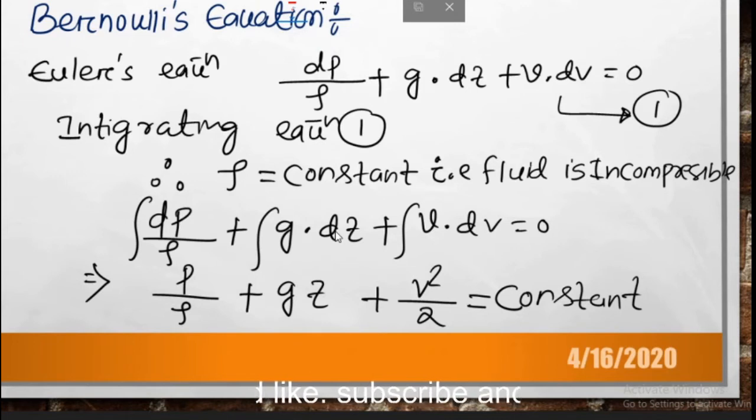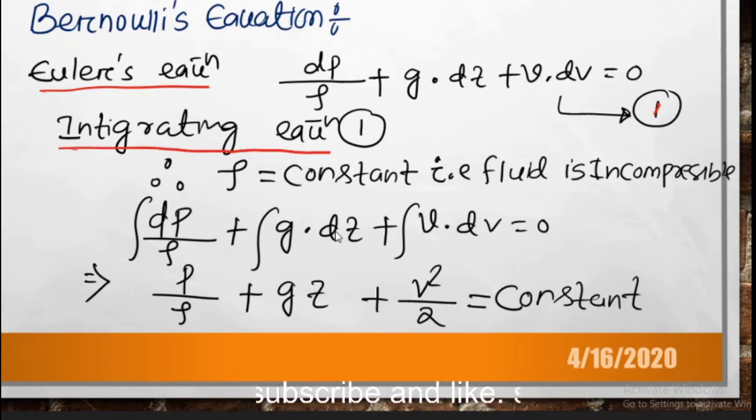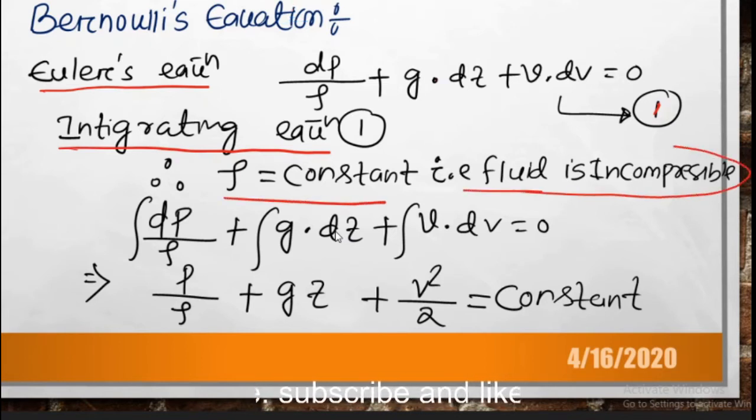Now if you see the next, the Bernoulli equation. If you write down the Euler equation, that is dp by rho plus g dz plus v dv equal to 0. This is my Euler equation. Before doing integration, one thing you have to see: the density of the fluid is constant, and the fluid is incompressible.